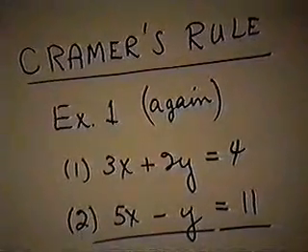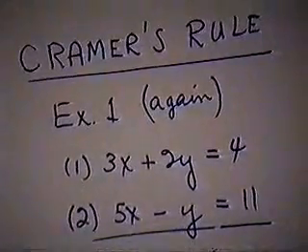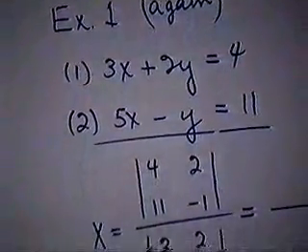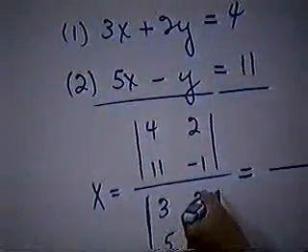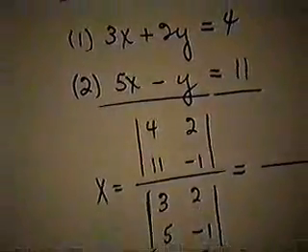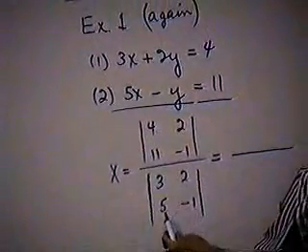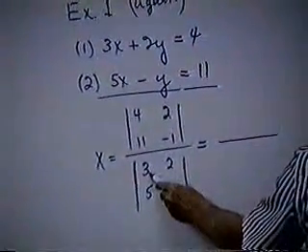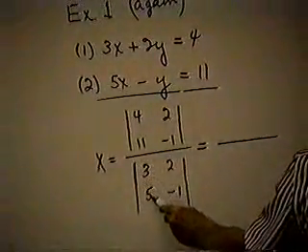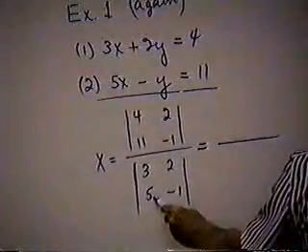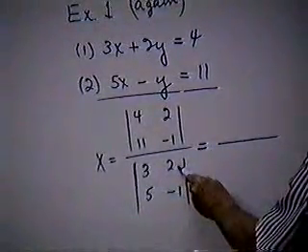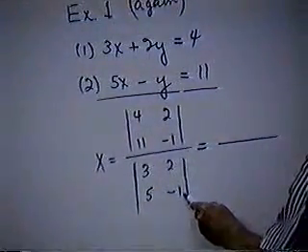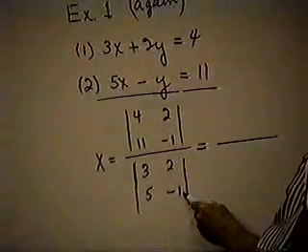Here's what we do. For Cramer's rule, to solve for x, the denominator will be a determinant made up of the coefficients of the x's and y's. This is the coefficient in front of the x in equation 1. This is the number in front of the x in equation 2. This is the number in front of the y in equation 1. This is the number in front of the y in equation 2.